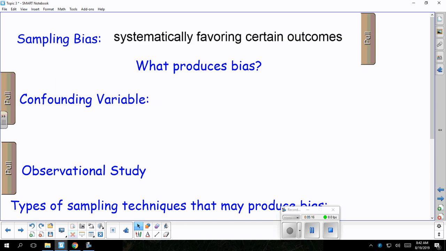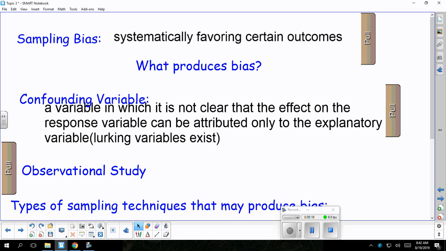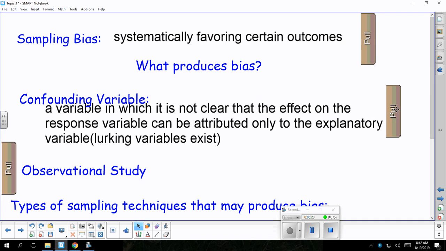A confounding variable, a long one, is a variable for which it is not clear that the effect on the response variable can be attributed only to the explanatory variable.